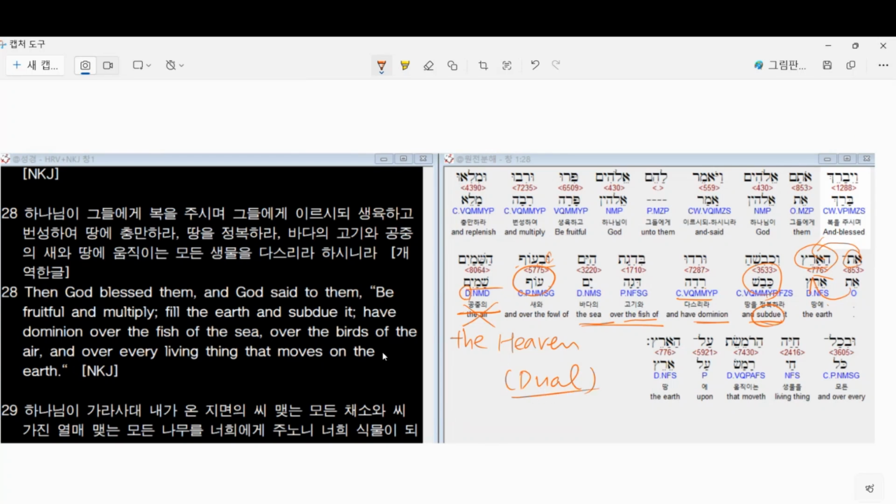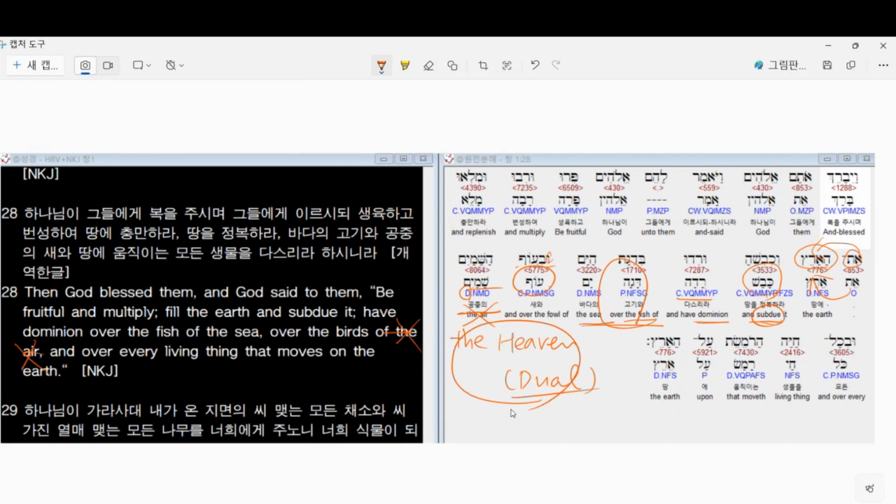Then the English translation of "the air" is a totally incorrect translation. Bird of the heaven. So not only do we tread down the fish of the sea, but also we tread down the bird of the heaven.